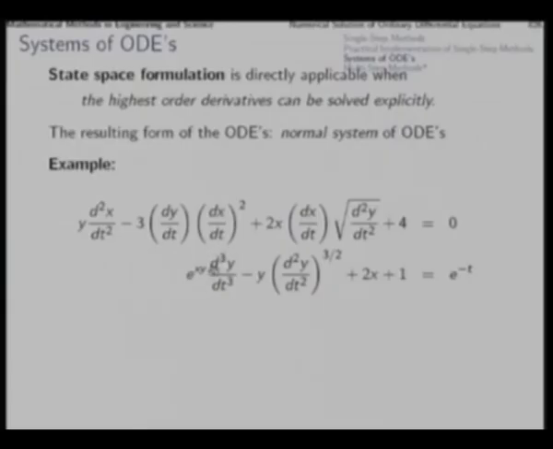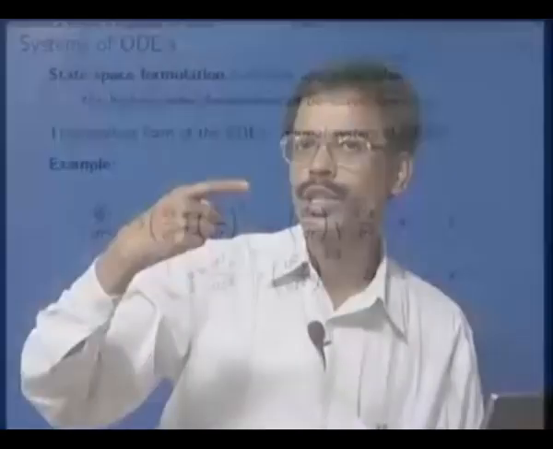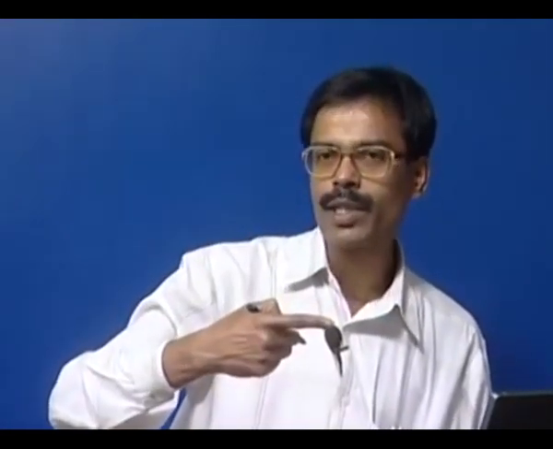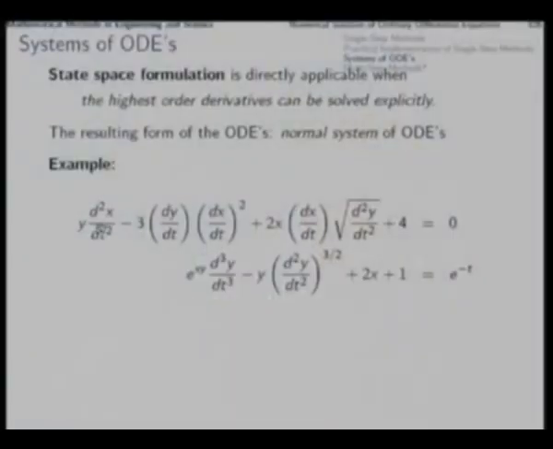So, in the state space, we will have x and dx by dt. This we will not have in the state space. That is, if up to the nth order derivative is involved, then up to the n minus 1th order derivative will appear in the state vector. So, d2x by dt square is there as the highest order derivative of x.